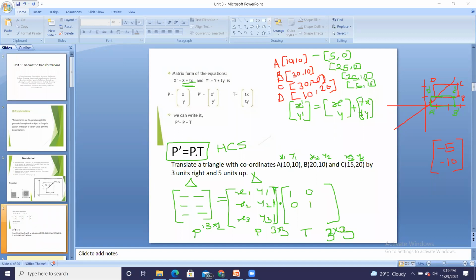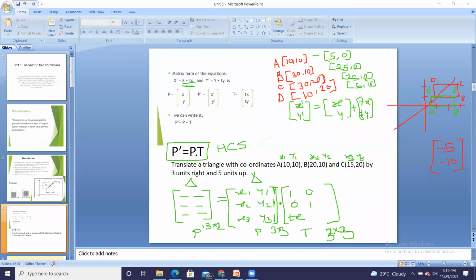And now this one plays an important role. Due to this one, I will be putting here Tx. So what will happen? When I am going to multiply this, x1 remains as it is, y1 will be 0 and plus Tx will be done.